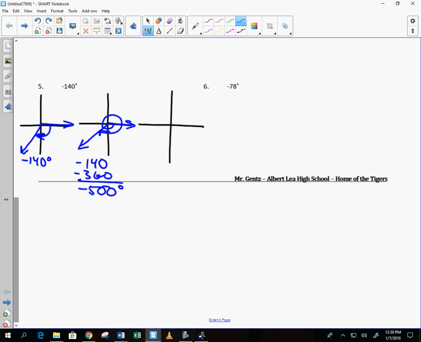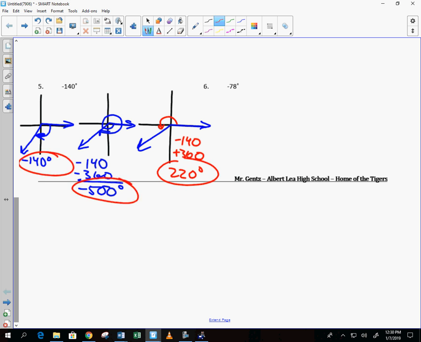Are we all okay with that? If I want to find a positive one, no big deal. Instead of going in the clockwise direction, I go counterclockwise, like we're used to. That would be negative 140 plus 360, and I get 220 degrees. All of those are coterminal.